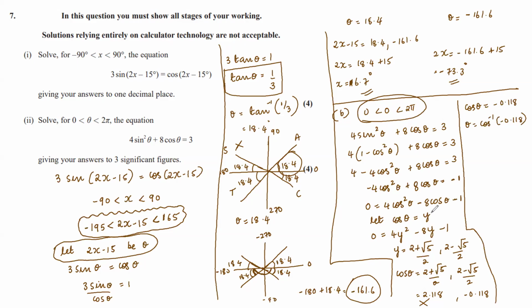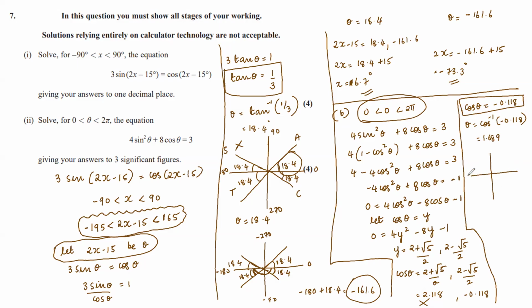Let's put that in the calculator, cos inverse of minus 0.118. We'll get this as 1.689. And cos theta is negative here.